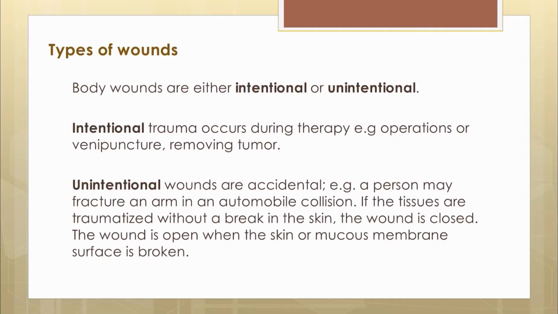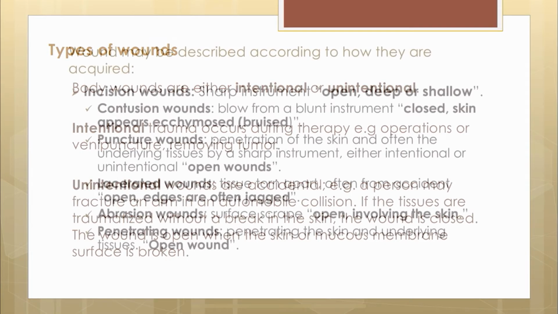If the tissues are traumatized without a break in the skin, the wound is closed. The wound is open when the skin or mucous membrane surface is broken. So, intentional wound, yun nga, pag sinasadya na magkasugat, like operation, surgery, or as such. An unintentional wound is an accident or accidental having a wound.